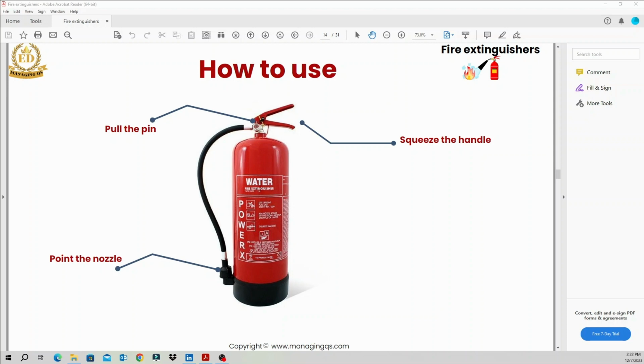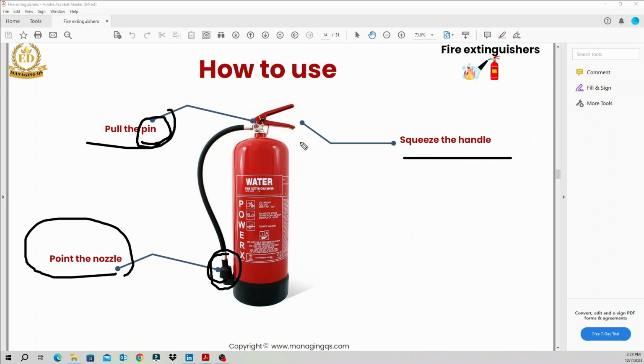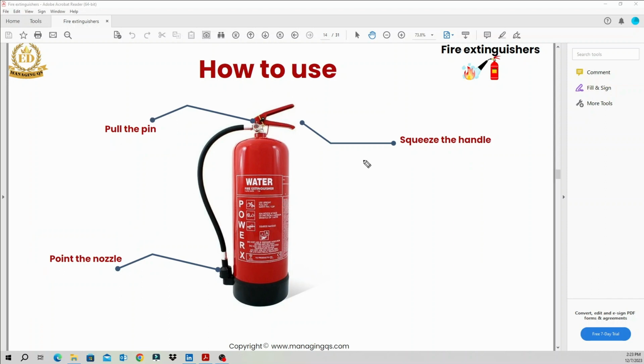Now you can see there are 3 main components of the fire extinguisher. The first one is the nozzle, the agent discharge nozzle. The second one is the pin. The third one is the handle. When a fire occurs, you should grip the handle.